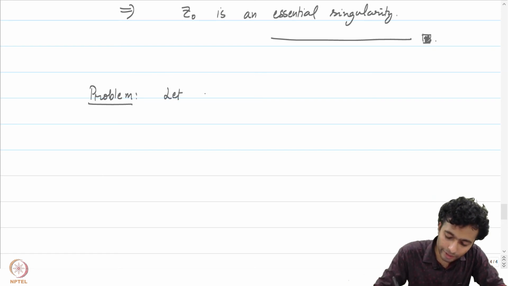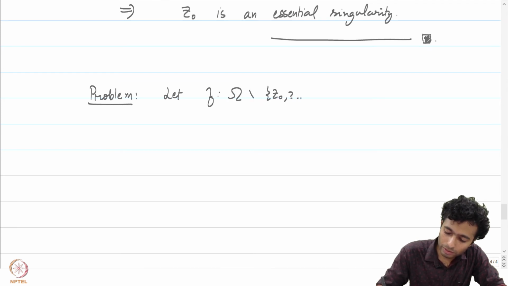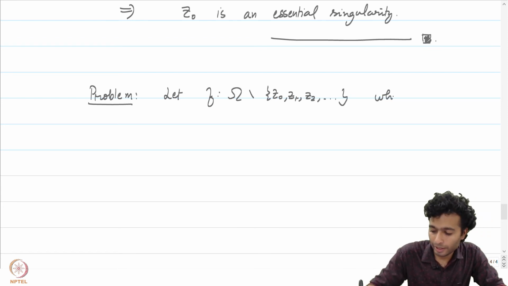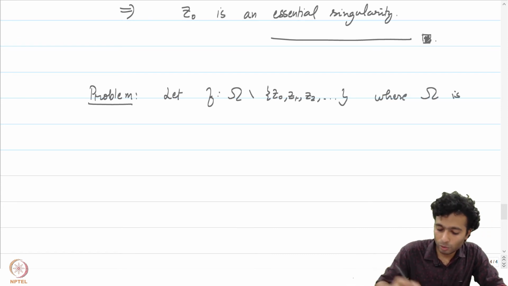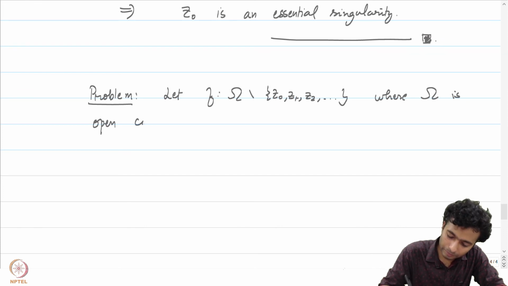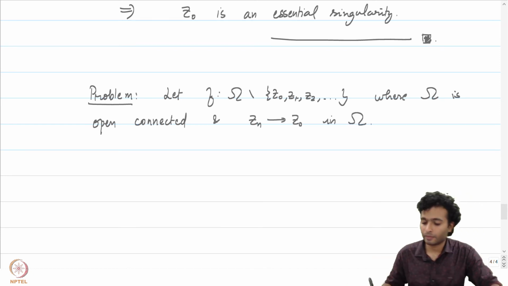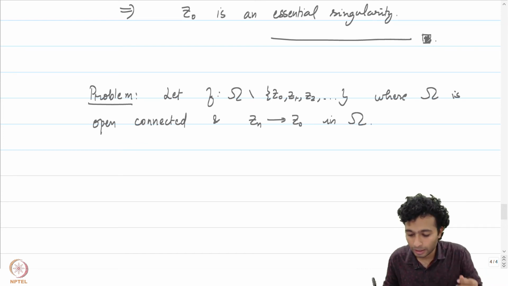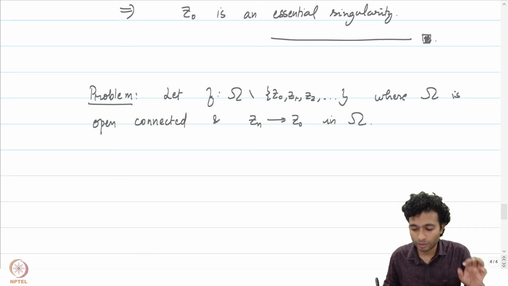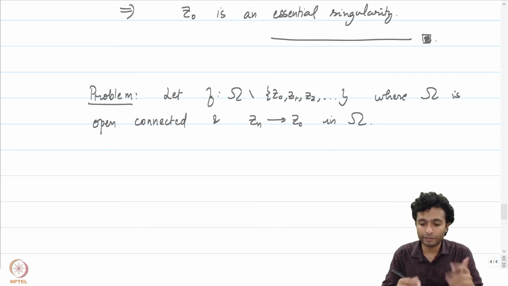So let f be a function from omega minus {z0, z1, z2, and so on}, where omega is open connected and zn is a sequence which converges to z0 in omega. So basically zn and z0 are all points in omega, zn converges to z0. So this is a converging sequence along with its limit point.